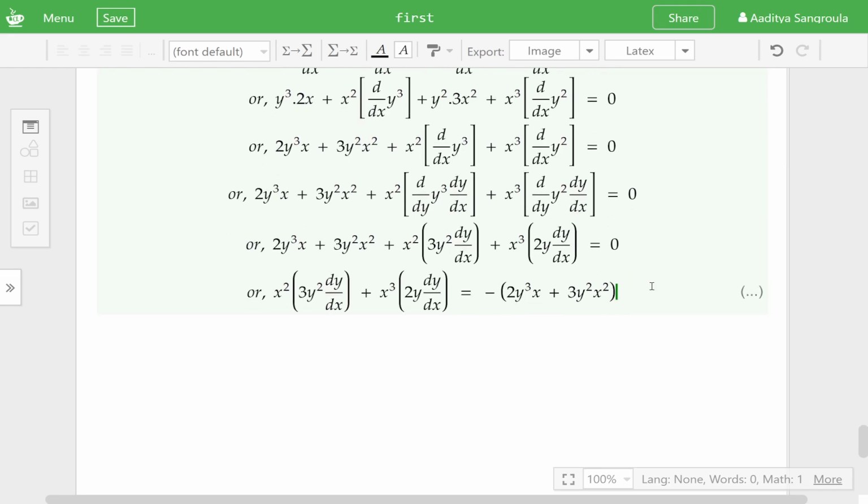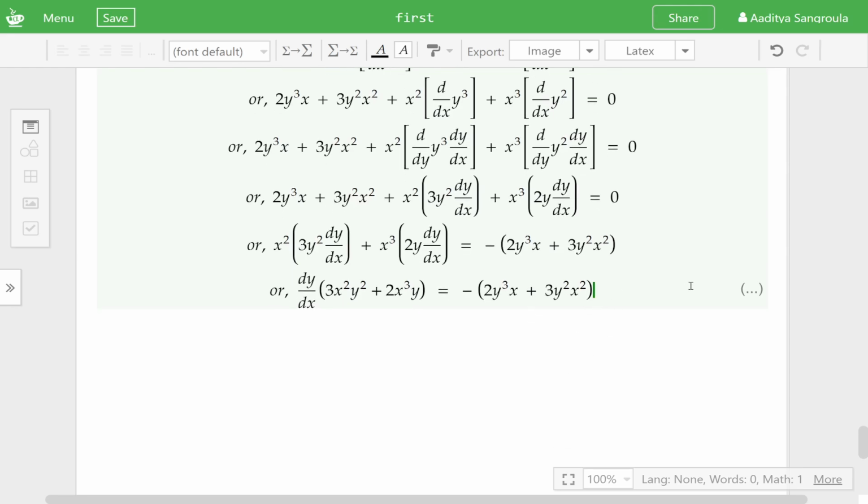This is equal to something like this, and then you factor out dy over dx, and what you have is the product of 3x squared y squared plus 2x cubed y, which is again equal to this thing right here, and dy over dx is equal to this divided by this. So this is the derivative of the function.